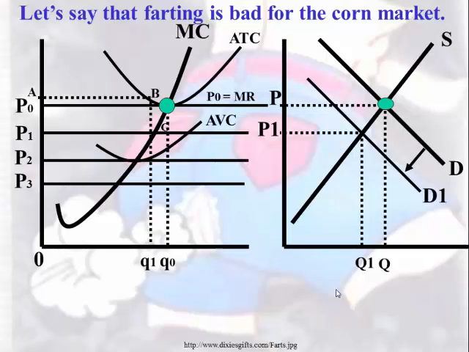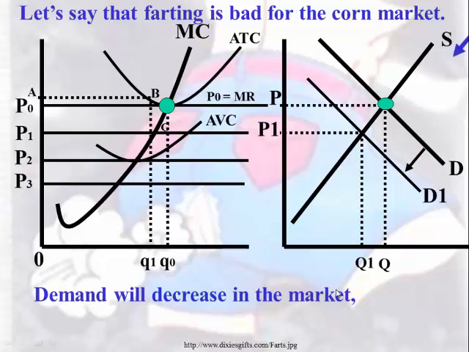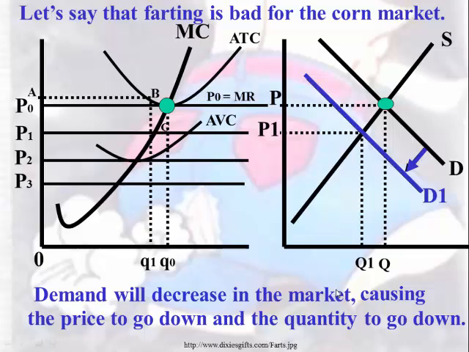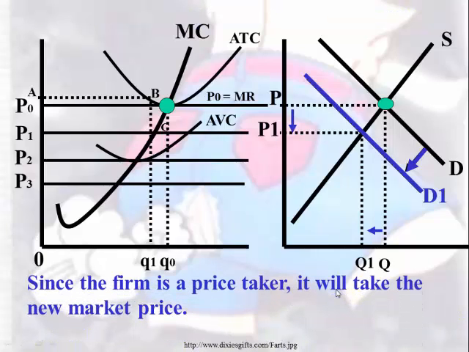Anyway, we know that the demand for corn in the market or the industry will decrease, driving the price down and the quantity down. As demand decreases, the market price goes down, and the quantity in the industry also goes down. The individual farmer is a price taker and must take that market price.